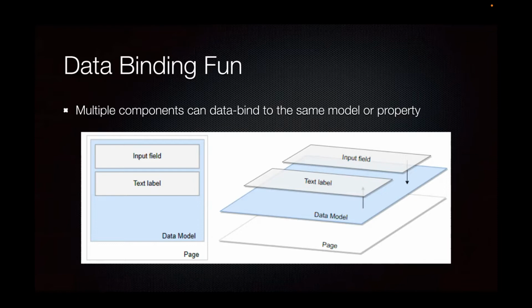And that's how you can do it, by reusing the same data model to provide the channel for the data flow. Okay, let me demonstrate this specific example that we have here, where we could have an input field and a text label using exactly the same data model.